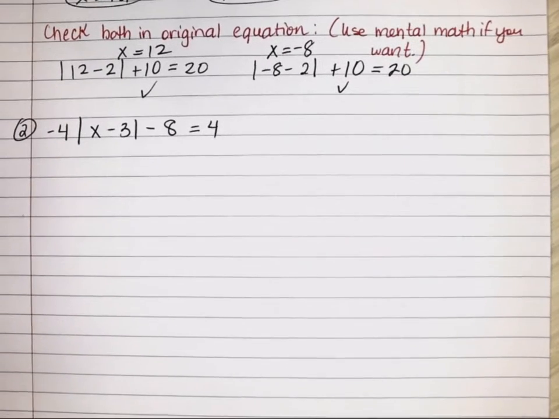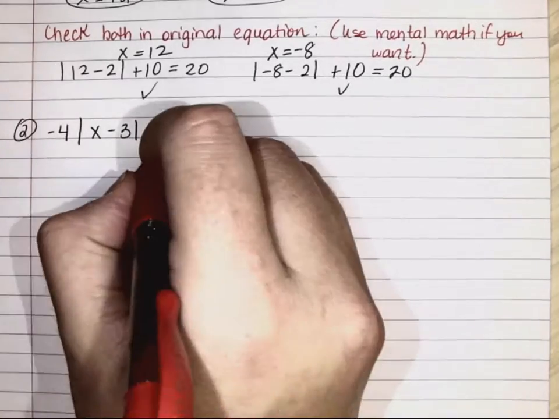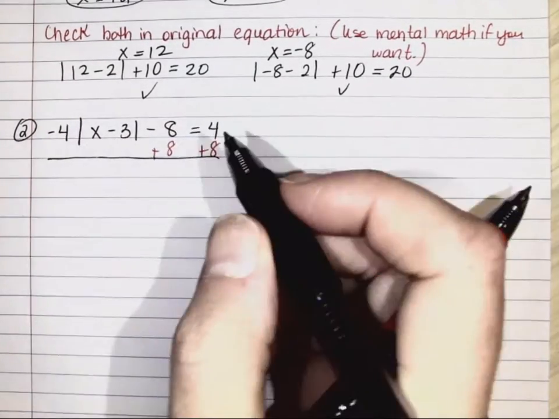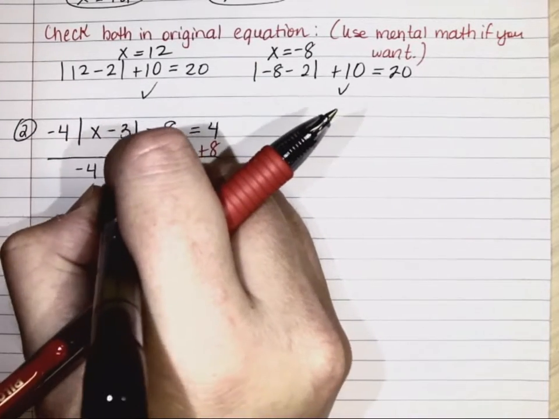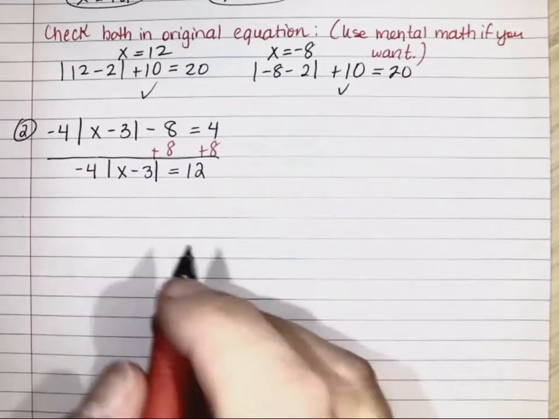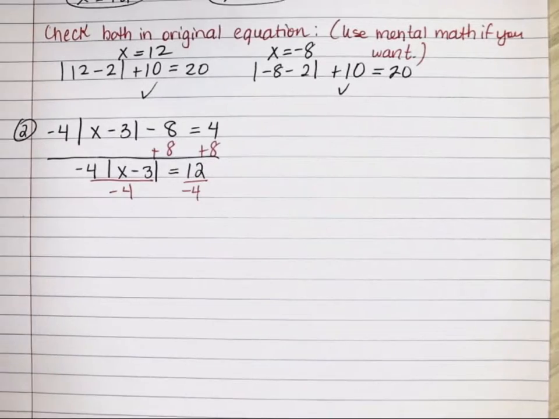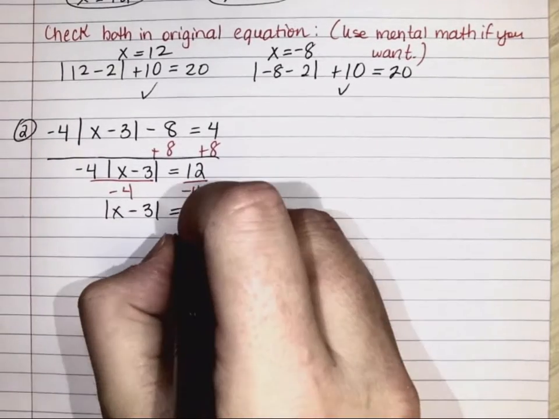I am going to get the absolute value part by itself, so we're going to add 8. And that leaves me with negative 4 times the absolute value of x minus 3 equals 12. And then divide both sides by negative 4, and you get the absolute value of x minus 3 equals negative 3.